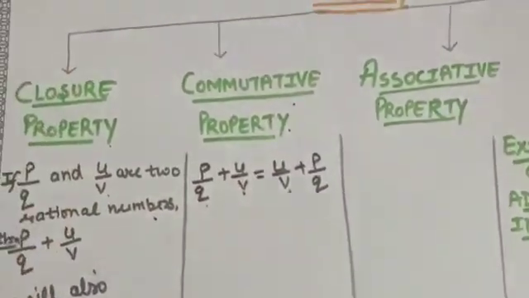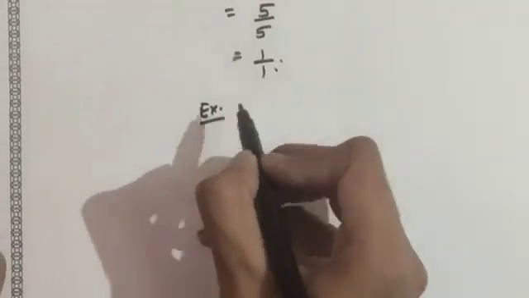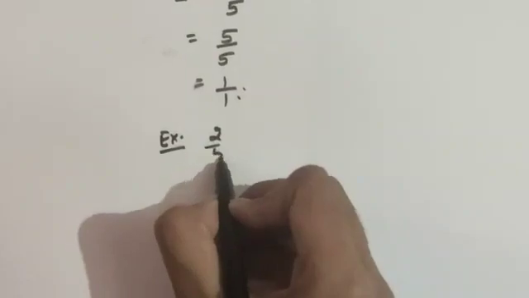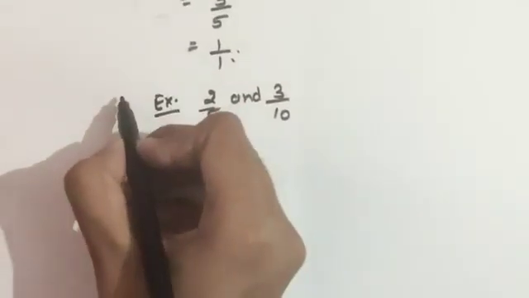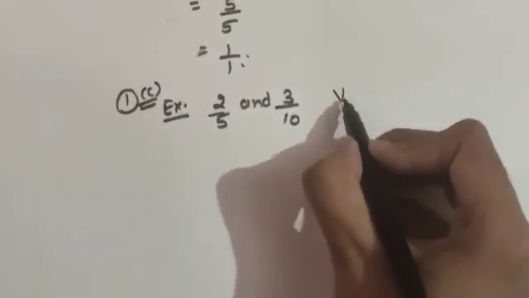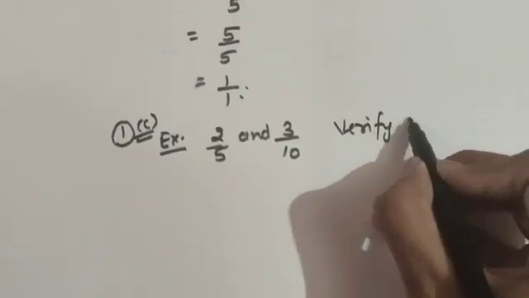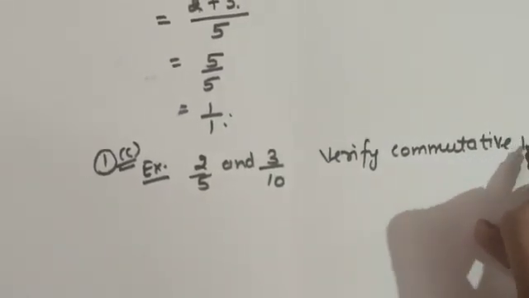So let us take an example. For example, you have to add 2 by 5 and 3 by 10. This is a question, first C part from your exercise: verify the commutative property. So what is the commutative property?